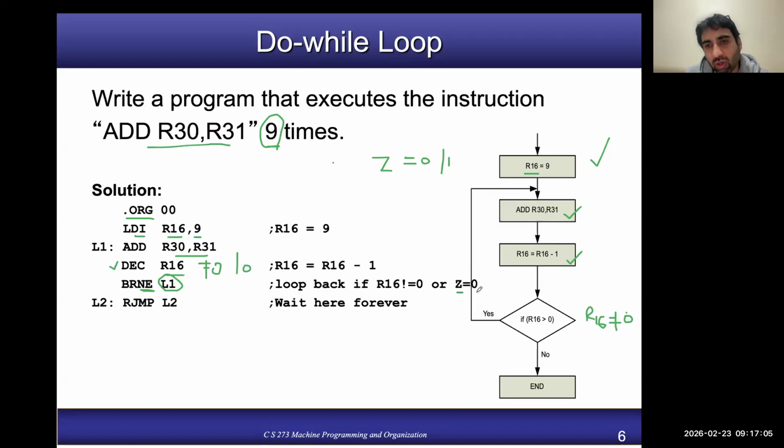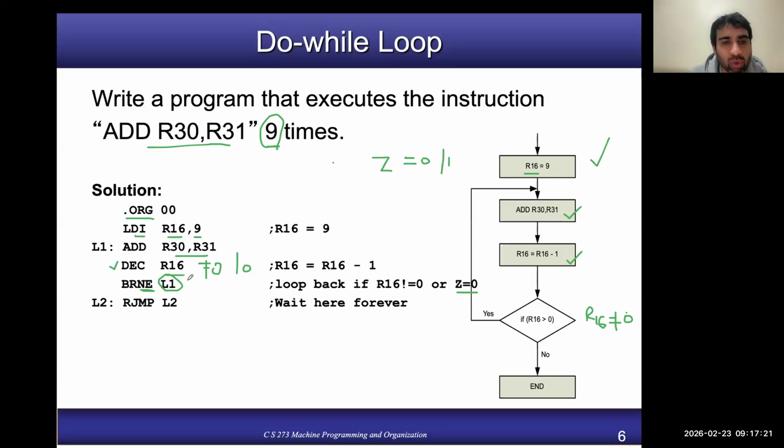So if the Z flag is equal to 0, this instruction will go back to the loop L1. How do we know when R16 becomes equal to 0? By looking at the Z flag. When the Z flag is equal to 1, it means that we are done.